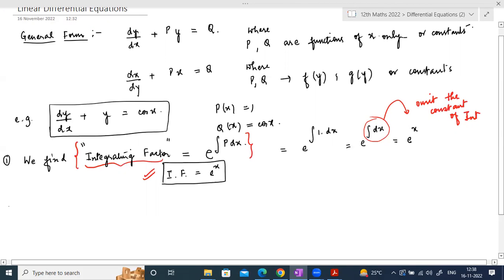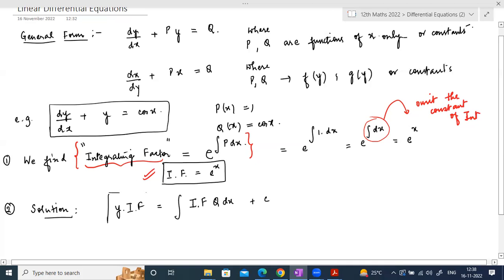Right, now the second step is to write the solution, and the solution of this equation is given by y into integrating factor is equal to integral of integrating factor times Q plus c.